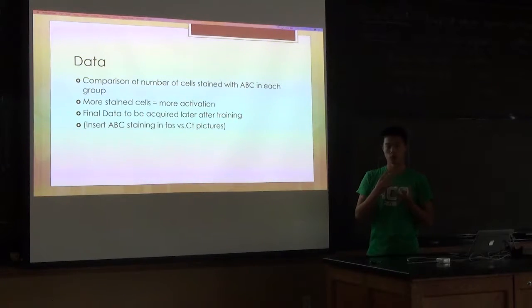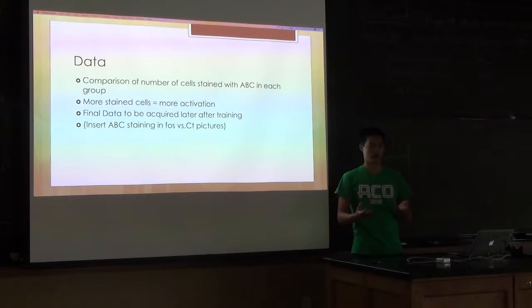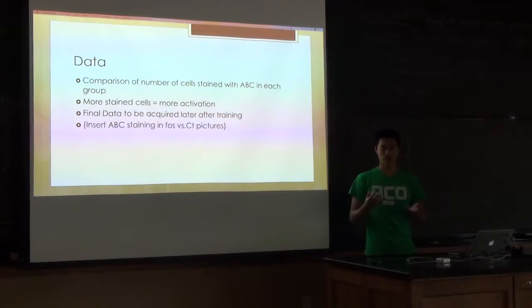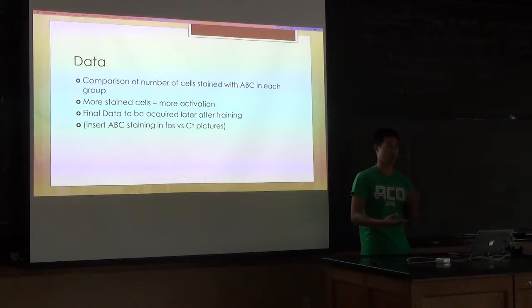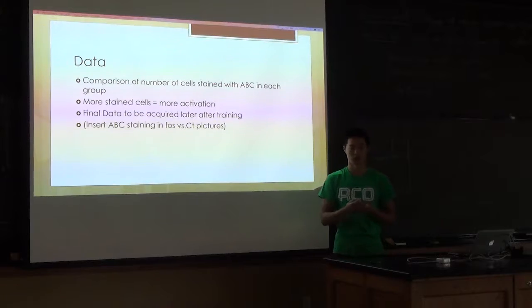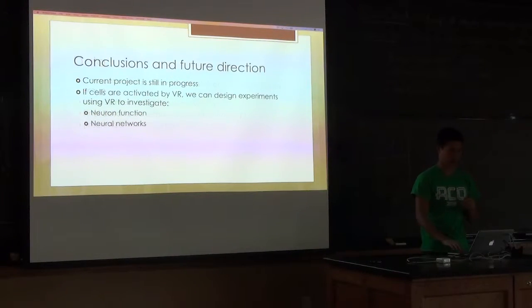If there are more stained cells, these brains would be more activated. And so what we are thinking that we'll see is that the mice that have been exploring the virtual environments will have more phos and be more excited than the control group.